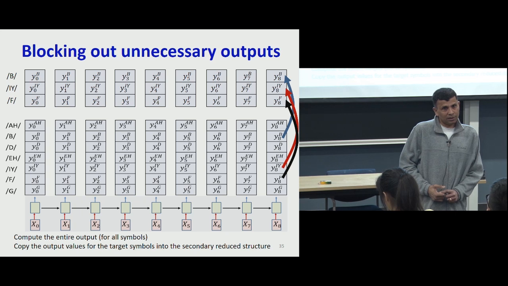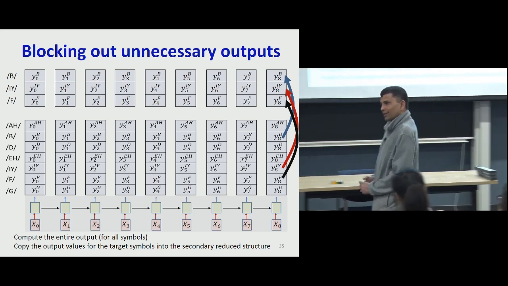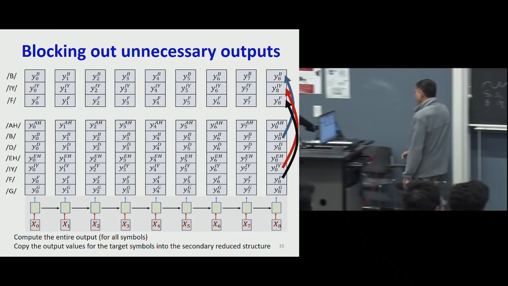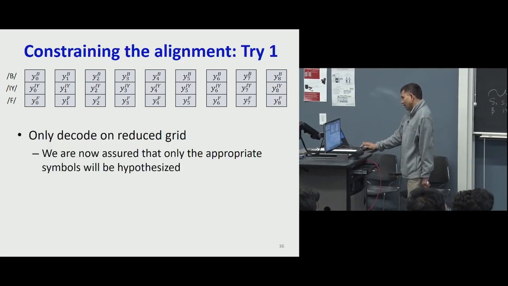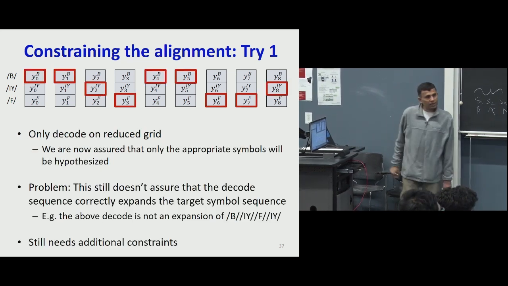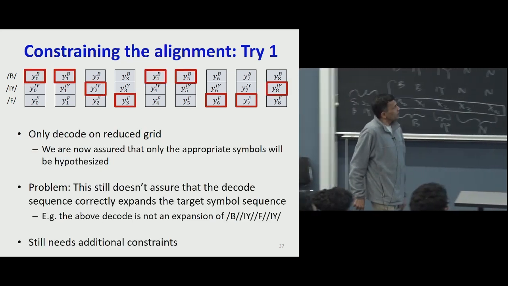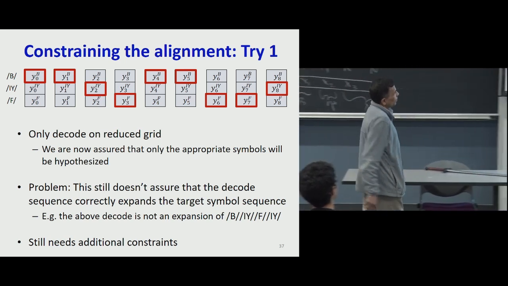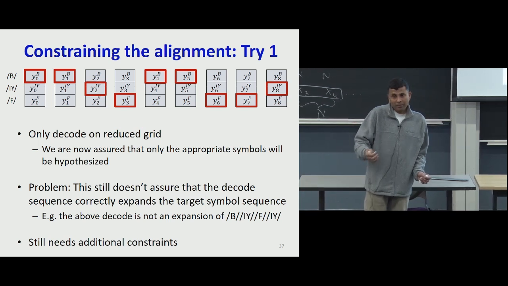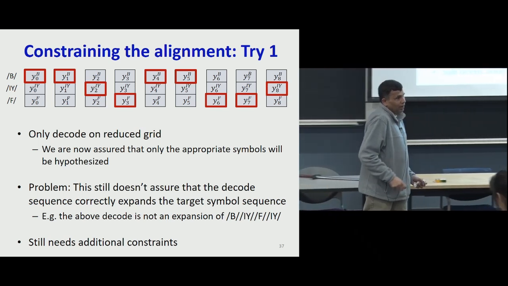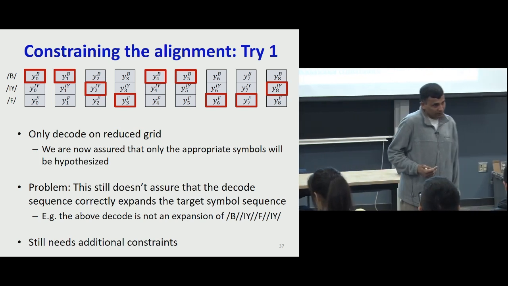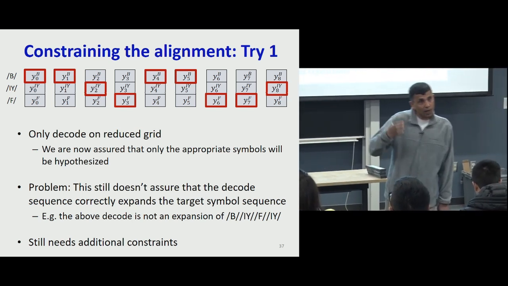Will that work? No. Why not? Exactly, right? If I only decode on the reduced grid, I can end up with something of this kind, which is beef, whatever, some rubbish. You never know. You have no additional constraint that once a B has occurred, it can never be revisited, right? So how can I fix that?